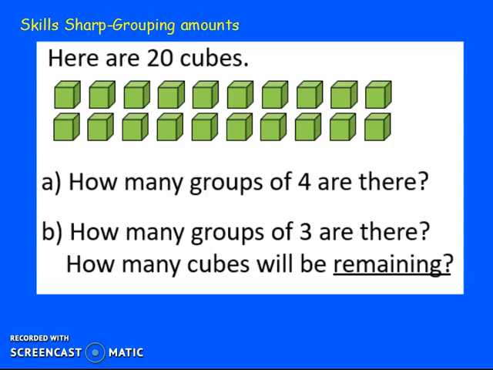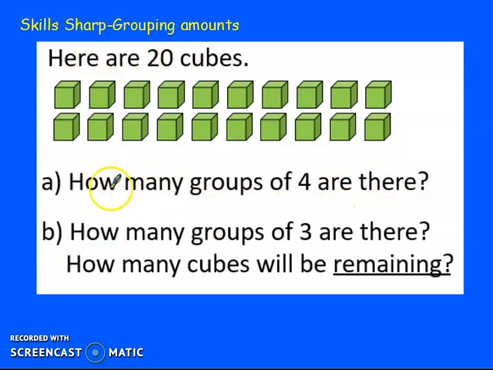For our skill sharps today, this is linking to what we're going to learn. So I thought that we'd just practice grouping objects. So remember, grouping is when you group them together using circles. Sharing is when you drag them into and share them out into each group. So how many groups of 4 are there?